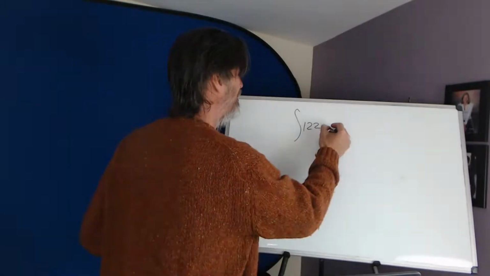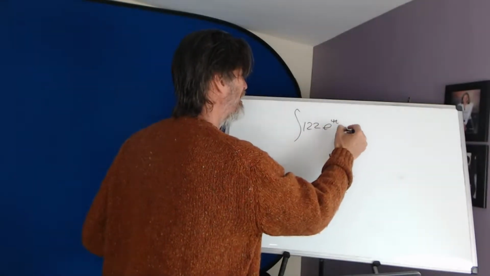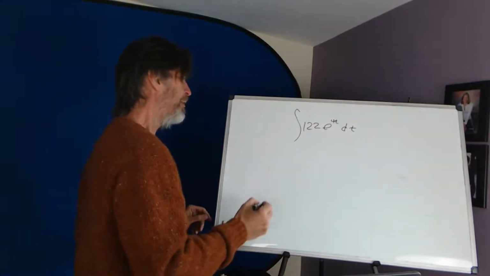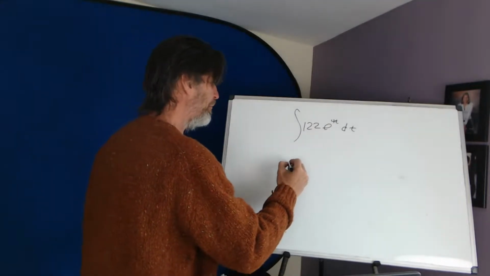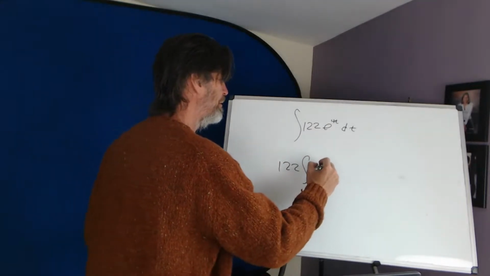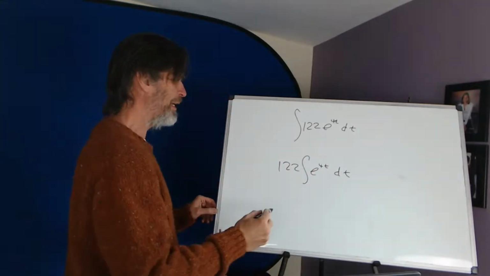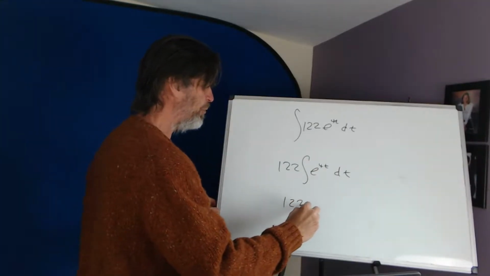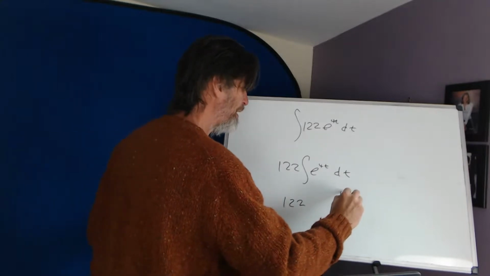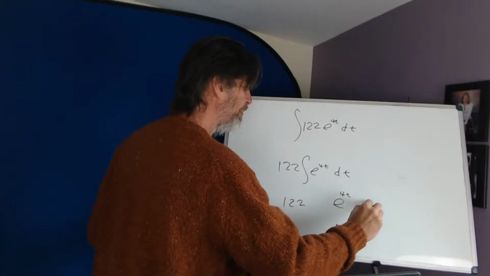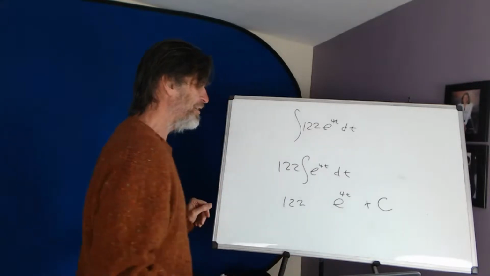122 e to the 4t dt. Well, I could bring the 122 up front, I suppose. And now I'm ready to take my antiderivative. Keep the 122, keep the e to the function as it was before, put the plus c at the end so I don't forget it.